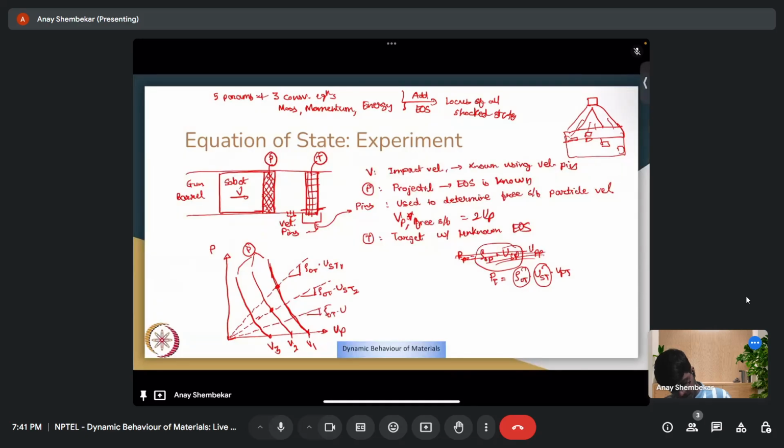Rho naught T UST. This gives us three points. From this we could estimate an equation of state looking like this. Once this line is drawn, the target T profile becomes known. Then you can use this equation along with the above three equations to calculate the locus of all the different points of the shock state.